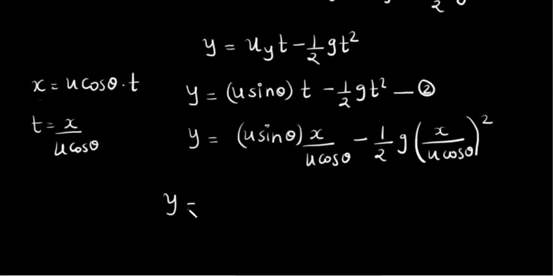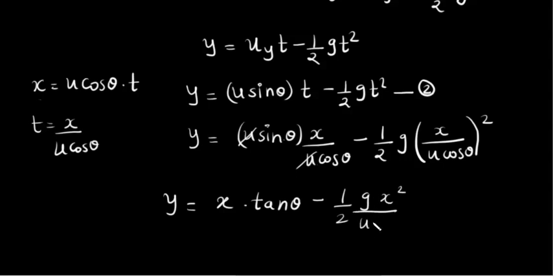So y is equal to x into tan theta, since sin theta by cos theta is tan theta and u gets cancelled, minus half g x square by u square cos square theta.